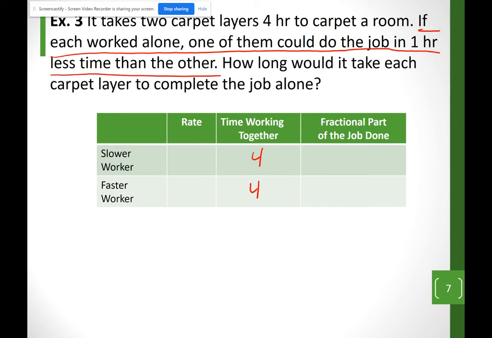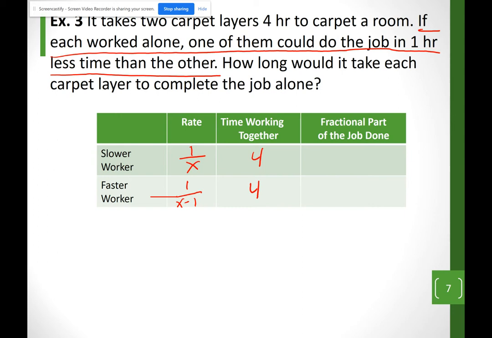So I don't know how fast the slow worker is working, but I'm going to say one job, he's going to complete it in X many hours. I don't know his rate, but I'm just going to say 1 over X. The faster worker does it in 1 hour less. So he's going to do one job in X minus 1 hour.